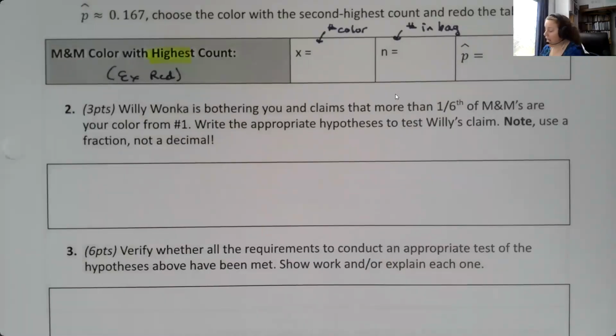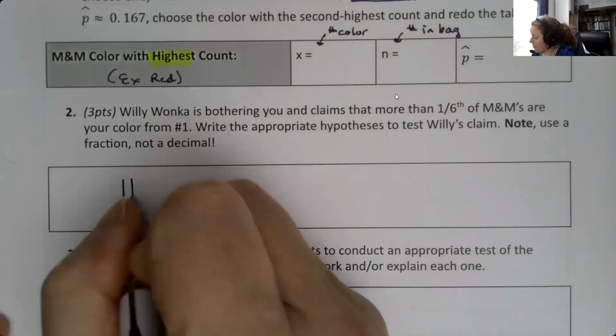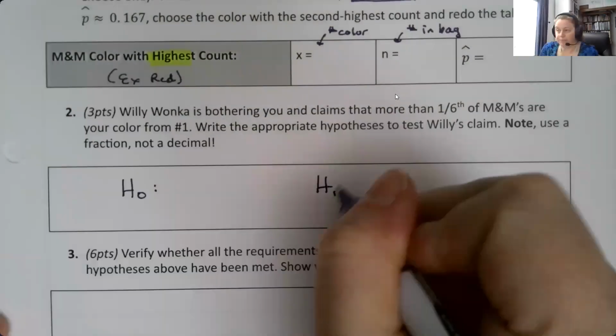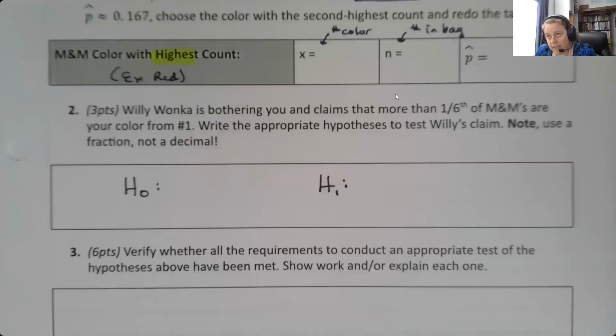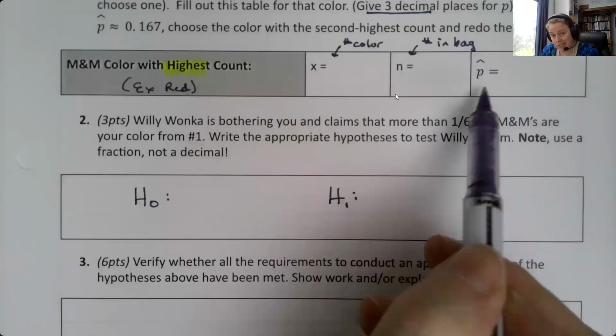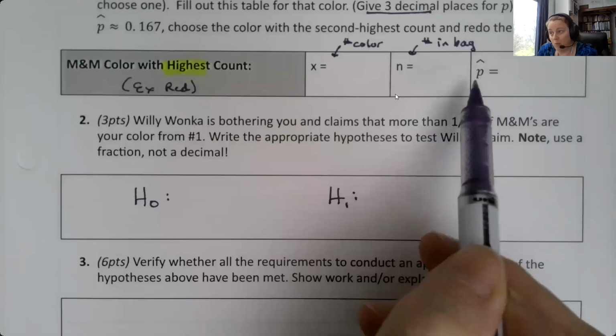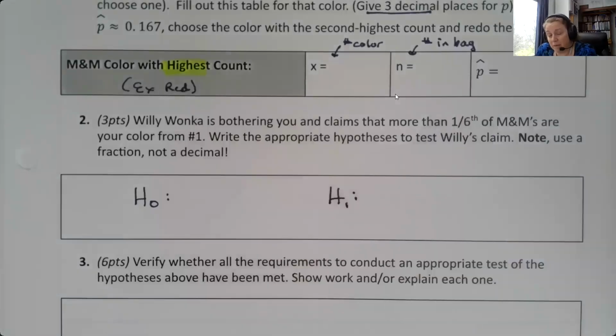So you have to write hypotheses here. Now, for starters, if you look at the setup, I've got a p hat here. And it's saying that more than 1/6 of M&Ms are your color. So are we talking means or are we talking proportions? Which type of test are we doing here?